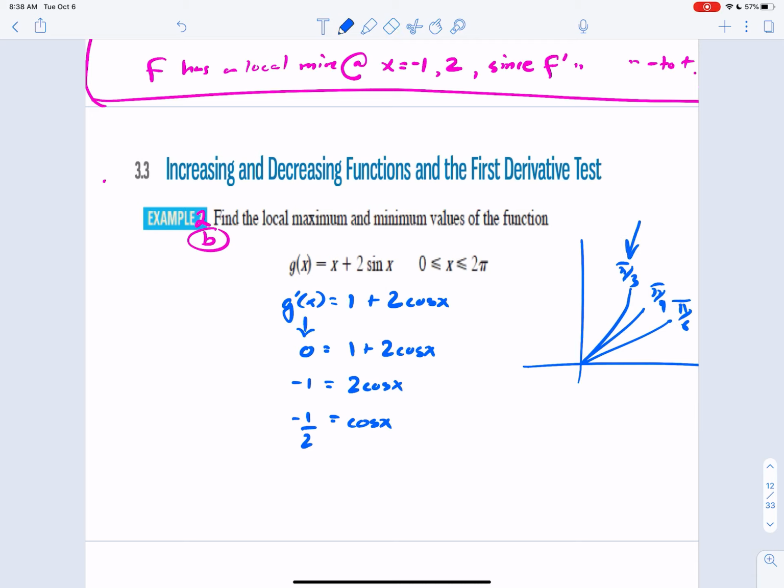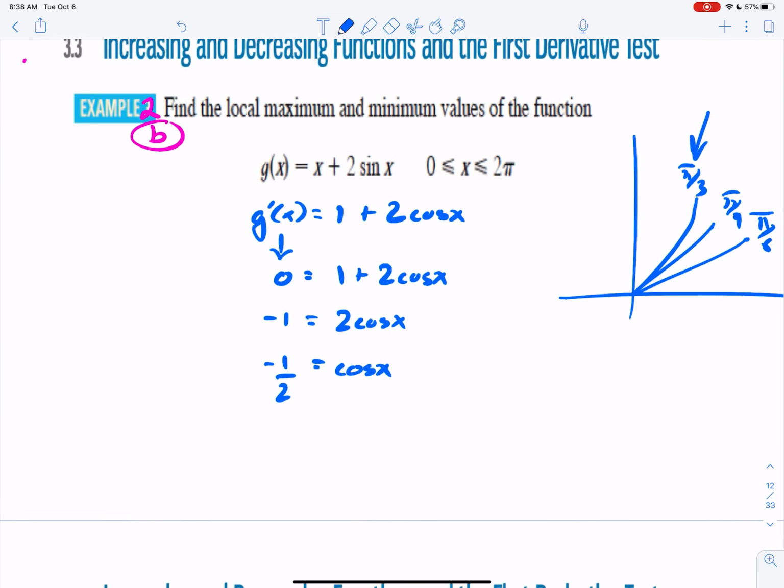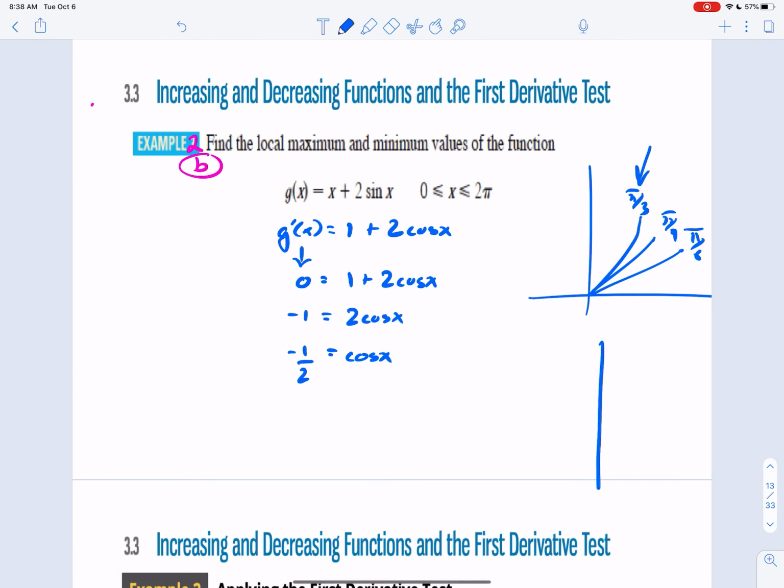Okay, but notice how this cosine here is negative. So if you remember, all students take calculus, okay? Cosine will always be positive in the first quadrant because it's all in the fourth quadrant. So the only time it's going to come out to -1/2 is in the second and the third quadrant.